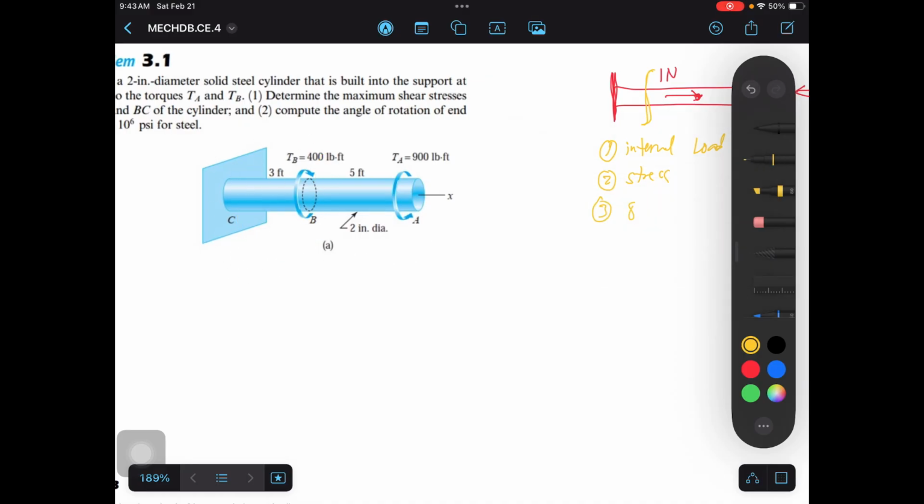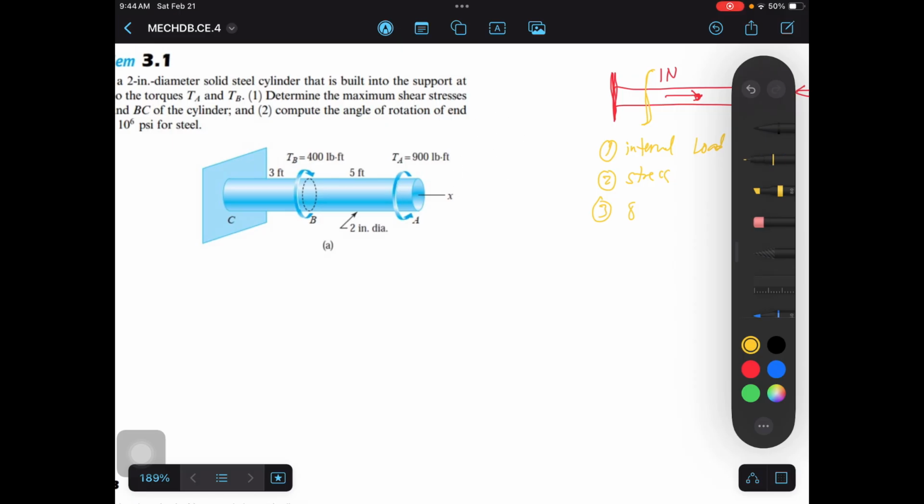I prefer piliin nyo yung side na wala kang unknown. Si point C is a support, so meron yung unknown variable, which is yung reaction sa point C. So, I would choose itong right side kasi puro given lang nandito, walang unknowns.